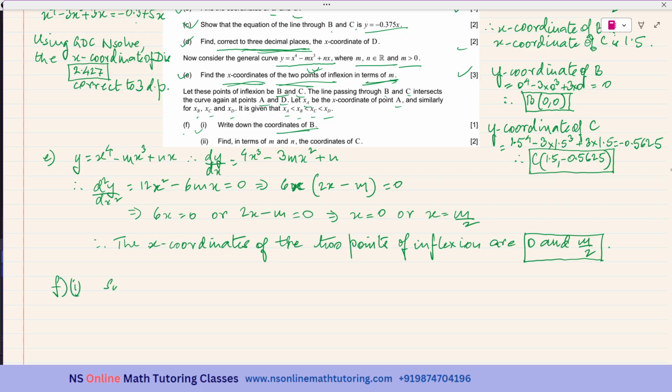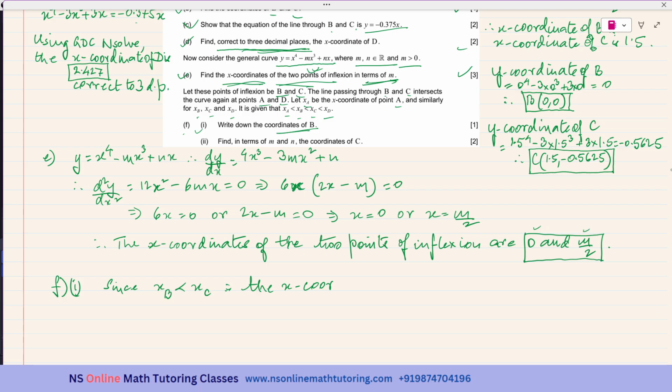So since XB is less than XC, therefore the x coordinate, because I have got the x coordinates of the 2 inflection points as 0 and m over 2.